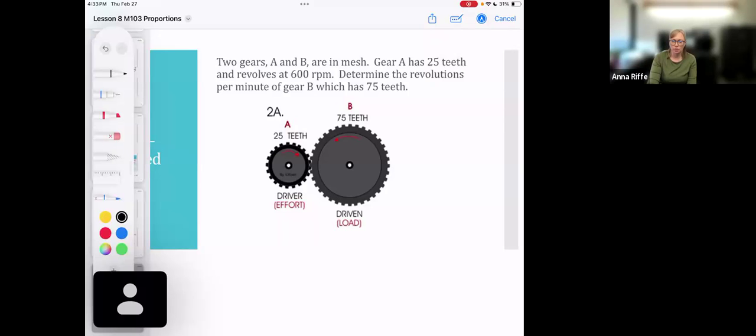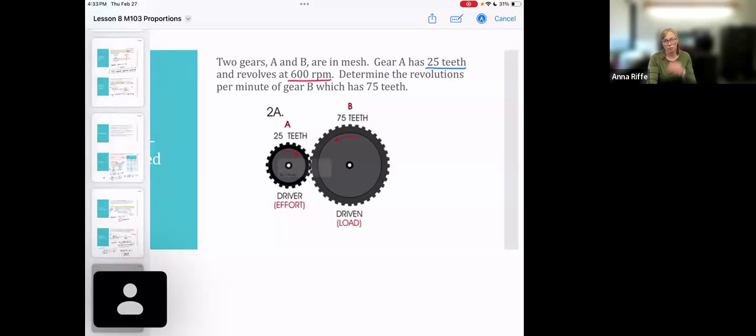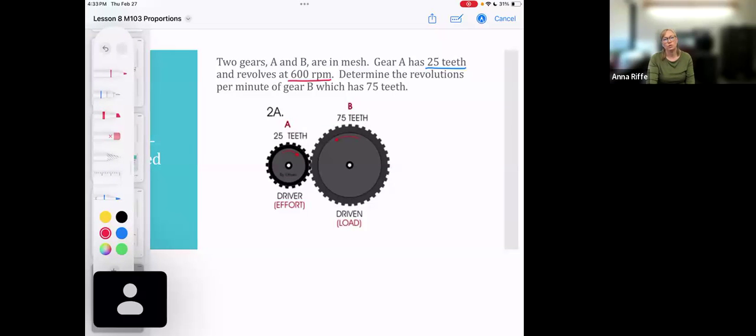All right. So I'm going to start this by figuring out what are my variables. So we've got a couple of gears, and we're told some information about gear A, that it has a certain number of teeth, and it revolves at a certain number of revolutions per minute. And then we're told some information about gear B, which also has a certain number of teeth.